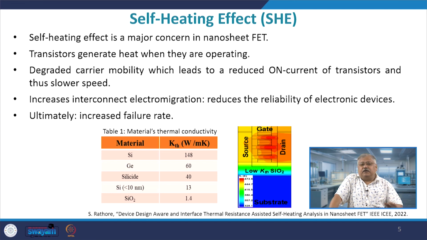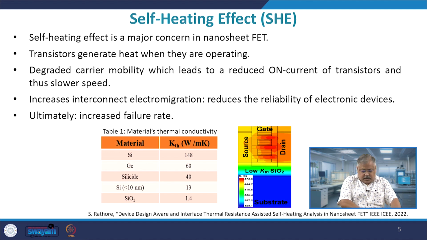One of them is self heating effect which happens. This is nothing to do with per se the process variation, but these are the ill effects of the device itself. Now, you see when we were discussing nanosheet FETs, if you remember correctly, the sheets were running between source and drain, right, and it was surrounded on all the sides by the oxide layer, and it was connected to source and drain.